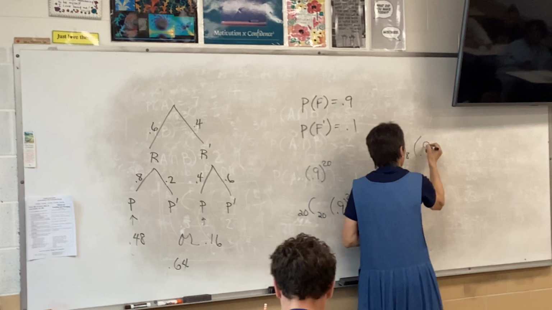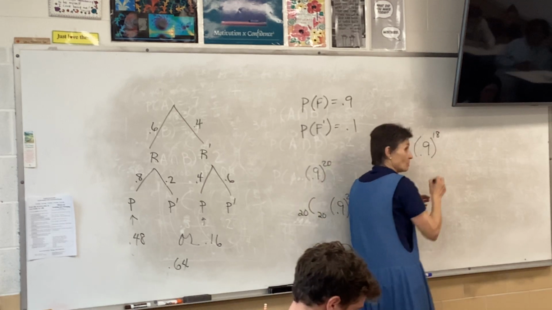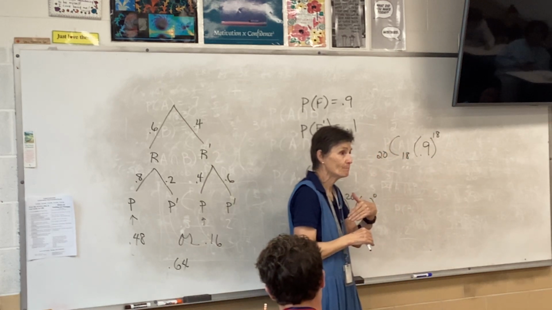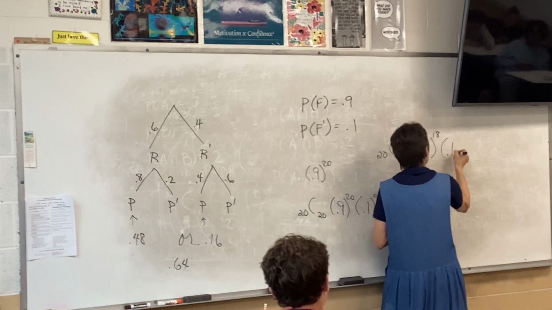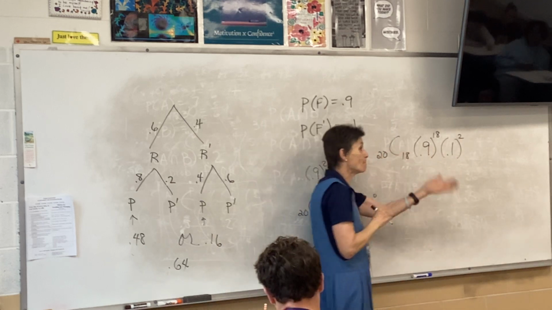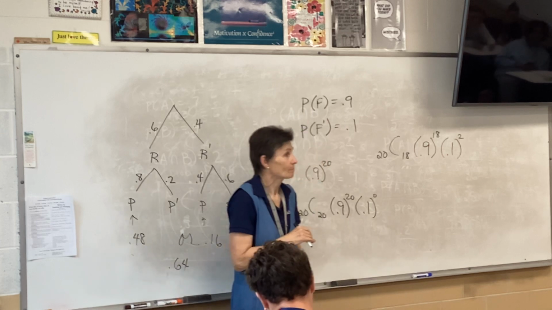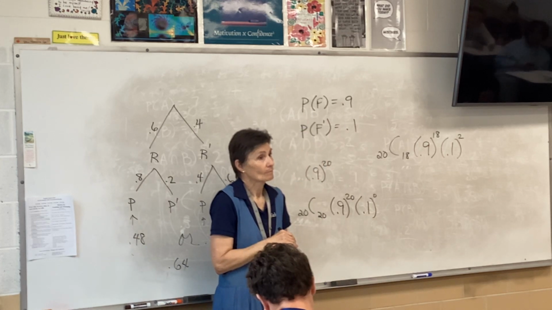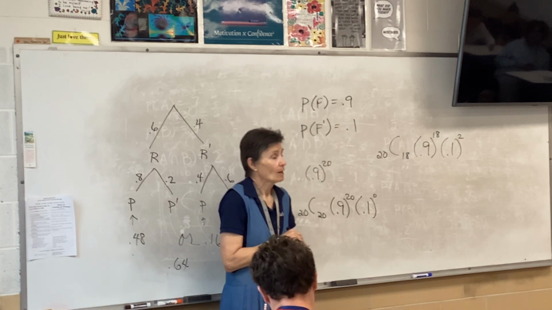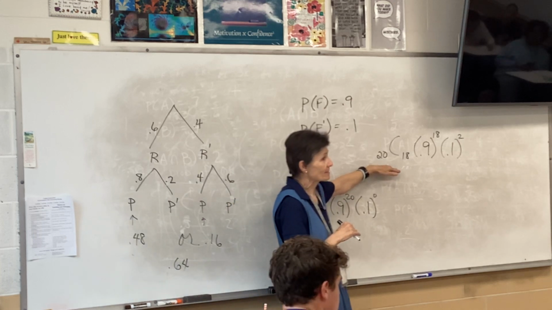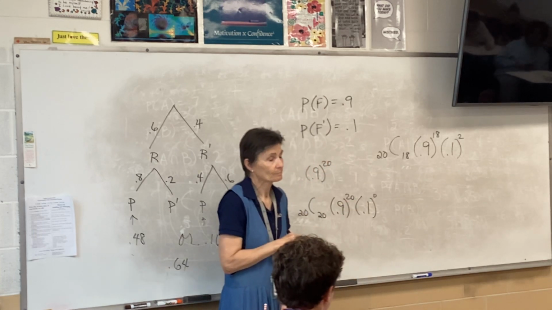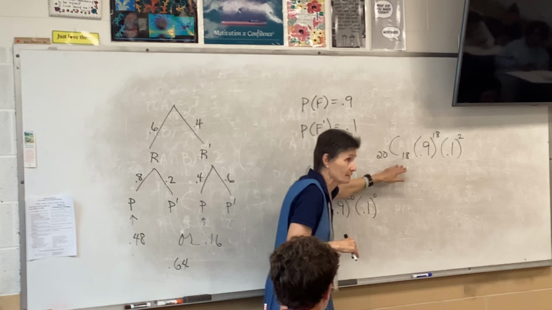Then I have my 0.9 to the 18th, because I'm making 18 of them. And I'm gonna have my 0.1 to the 2nd, because I'm missing 2 of them. Okay, Kylie, you see that setup makes sense to you? Yeah. Okay. So this is exactly 18.